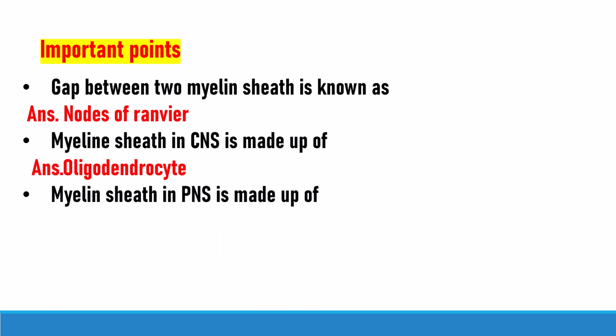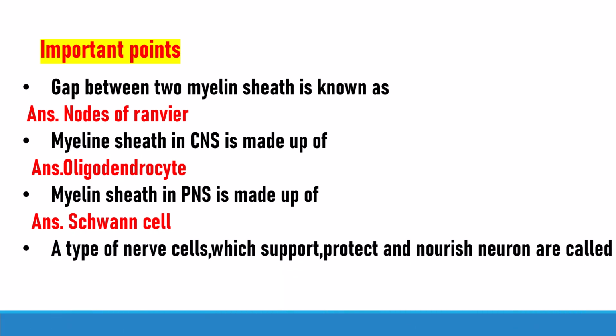Myelin sheath in peripheral nervous system is made up of, the answer is Schwann cell. A type of nerve cells which support, protect and nourish neurons are called, the answer is neuroglial cell.